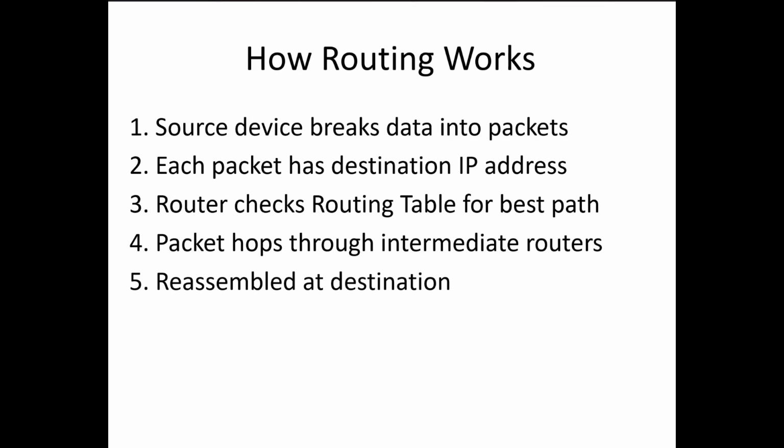And then, the third step: the router will check the routing table for the best path. There will be different routing algorithms and routing tables, which are useful for checking the best path. What will be the best path to send our data packet to the destination? This is done with the help of the routing table.